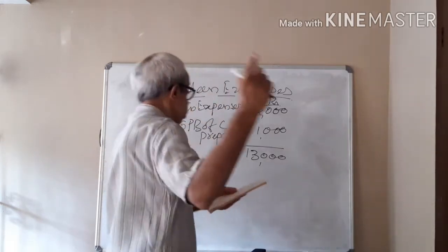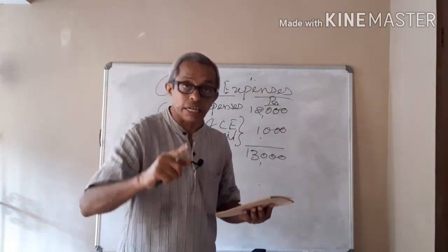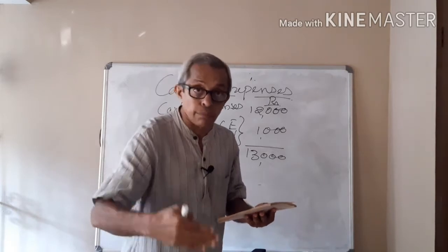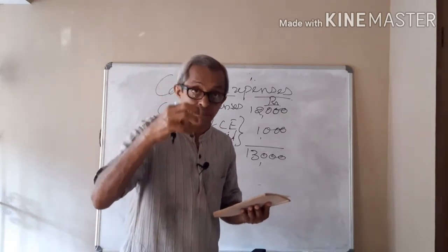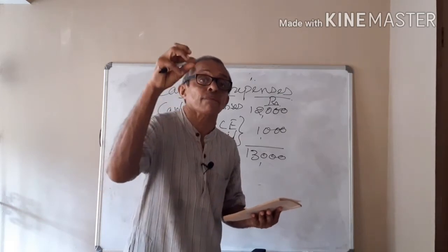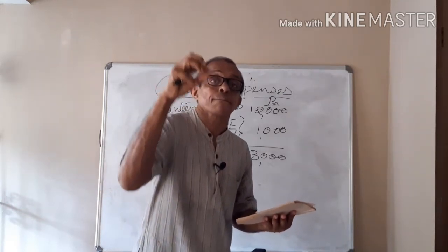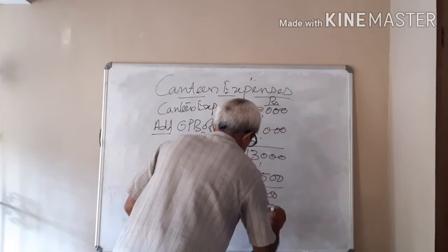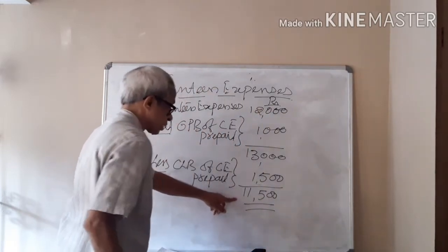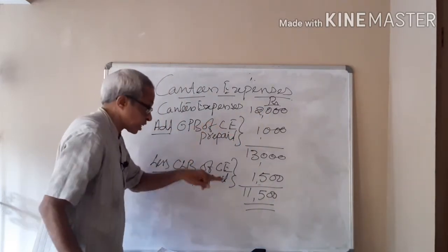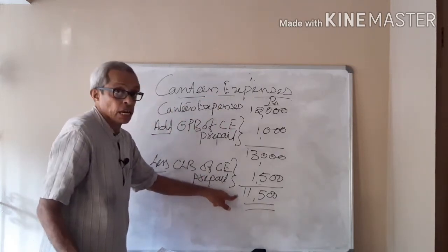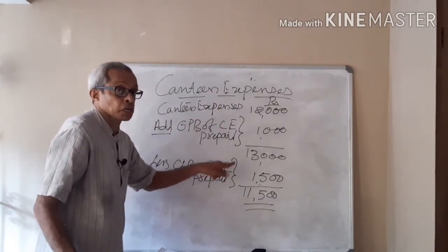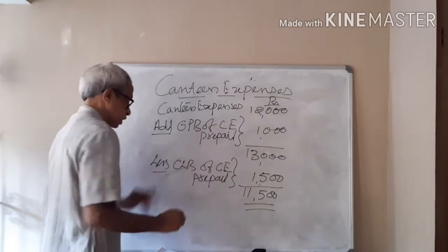That belongs to the coming year, the next year. So that 1500 may be deducted from the total amount of canteen expenses paid during the year. This 11,500 is the actual expenditure of canteen. That figure may be shown on the expenditure side of income and expenditure account.